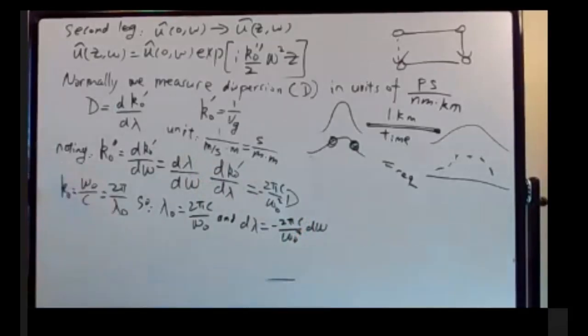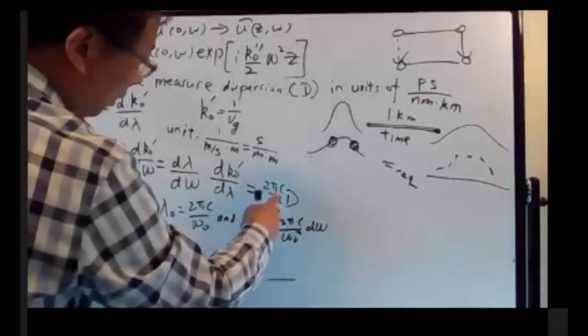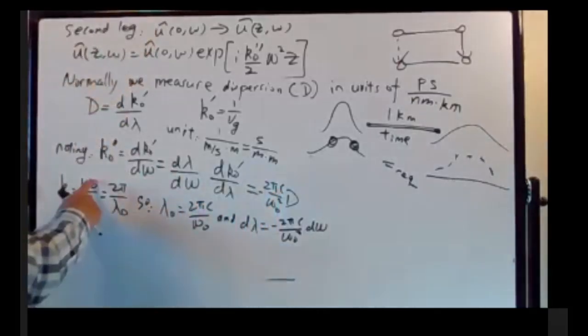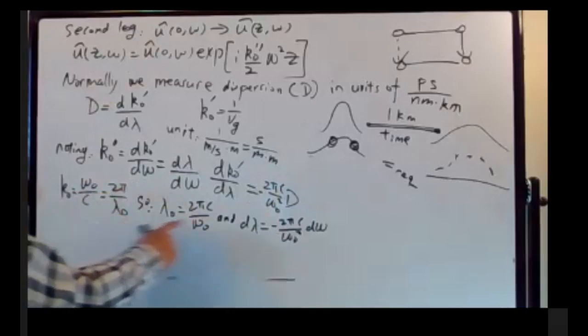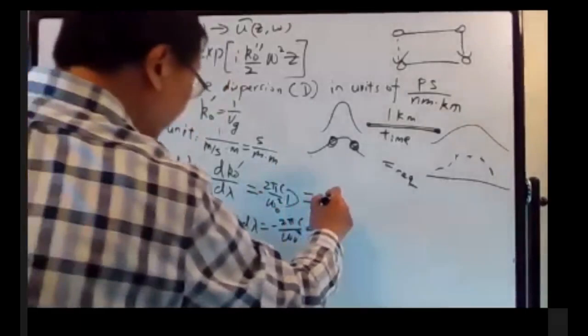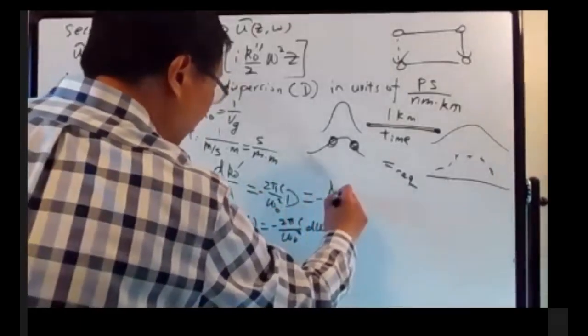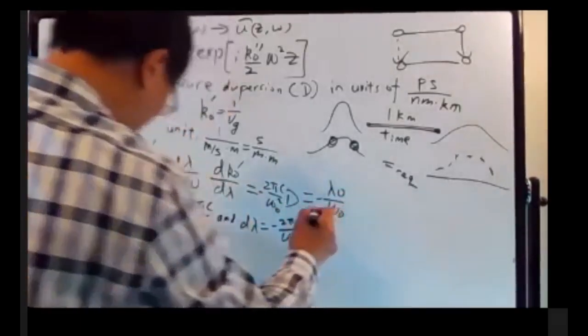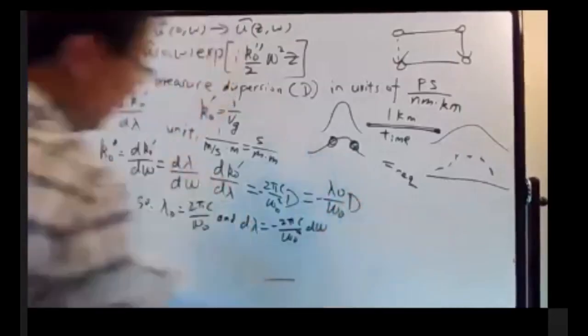Okay, so that's this piece, and we can further write it down. Omega naught over c is 2 pi over lambda. So we can further write it as negative lambda naught over omega naught square, omega naught, right?